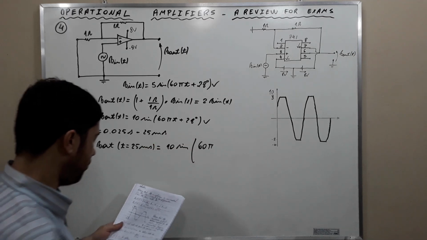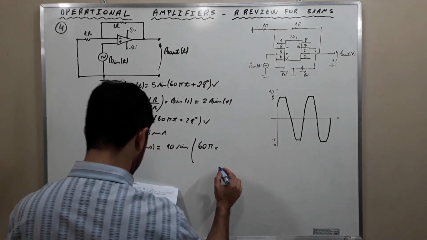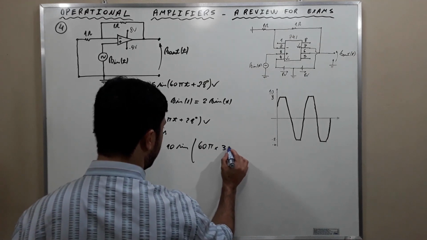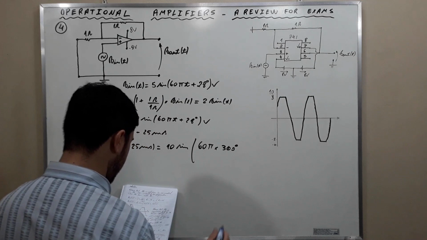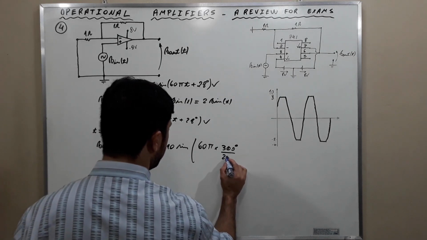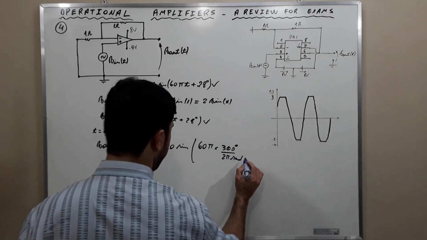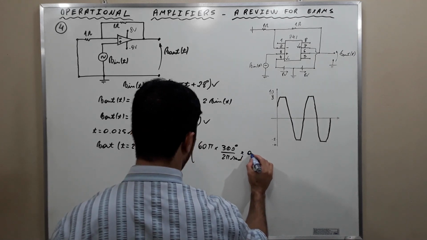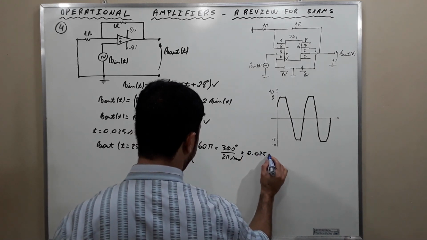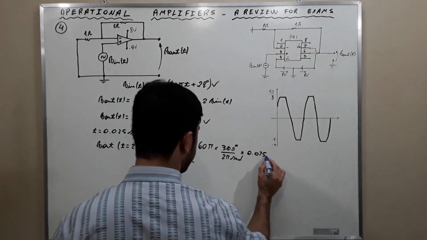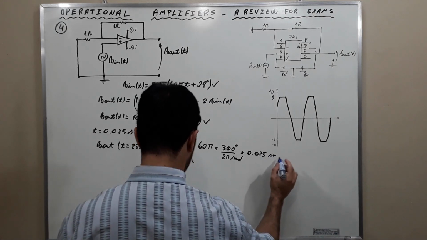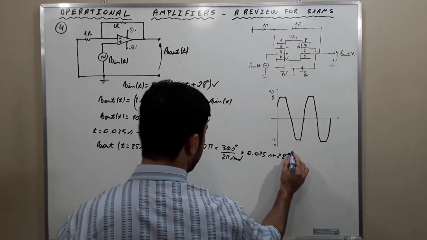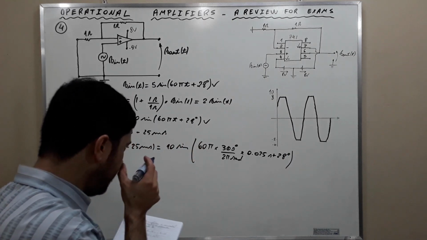Then we are going to convert using this conversion factor here, 360 degrees for 2 pi radians times 0.025 seconds plus 28 degrees, okay?